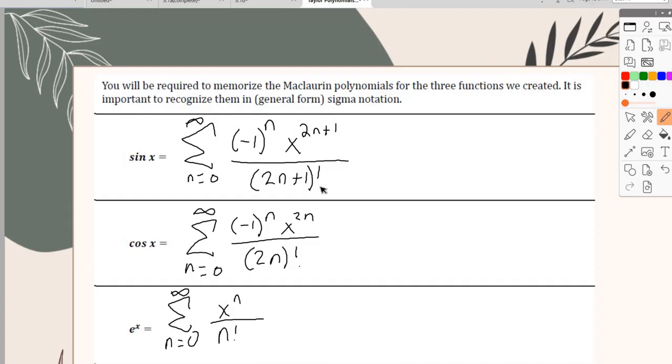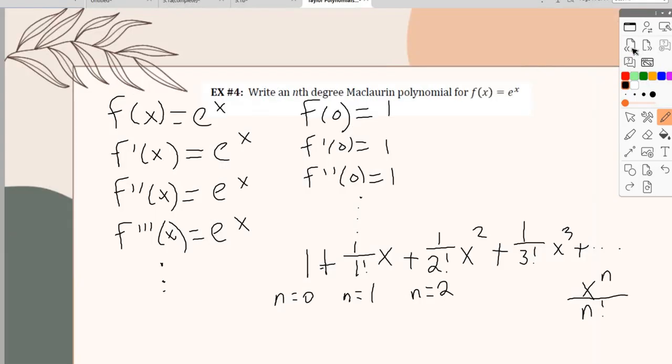Questions on those 3? On the test, would they end up asking us a question where we have to make our own up for anything they give us? Yeah. Okay. Yep. And it would be a similar process though, right? I would write out my first few terms, and then there's going to be some sort of pattern, and then I'm just going to write that.